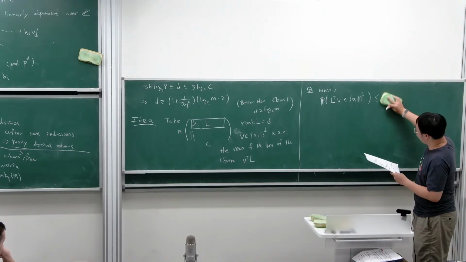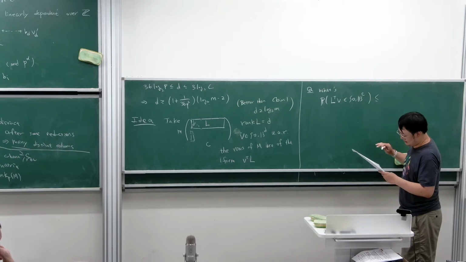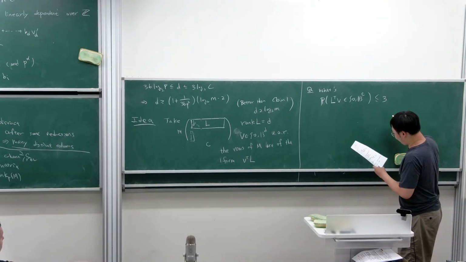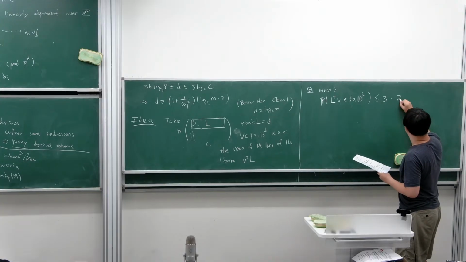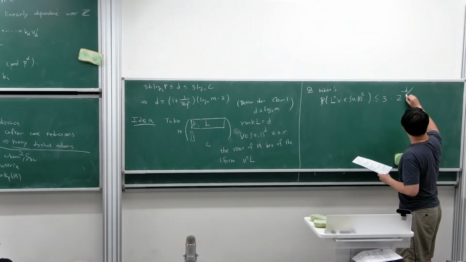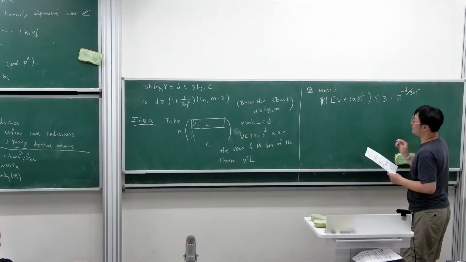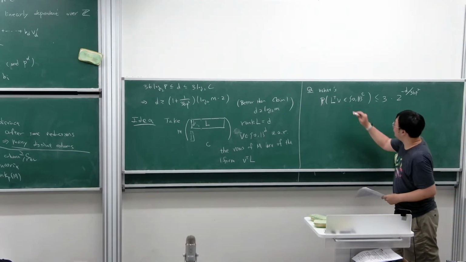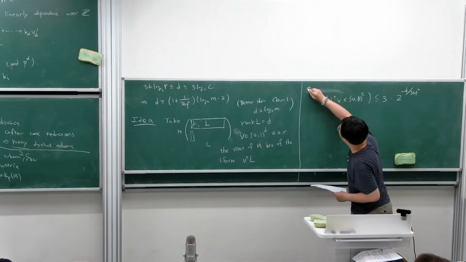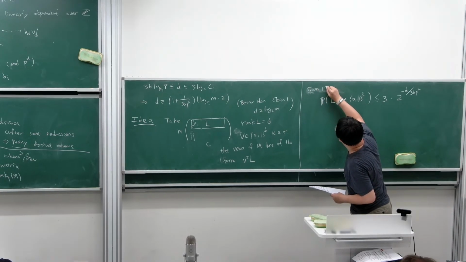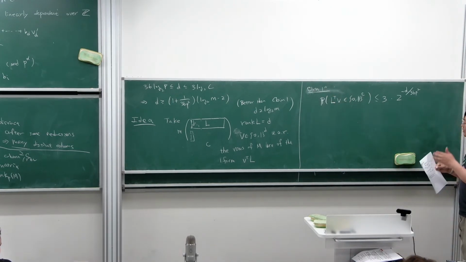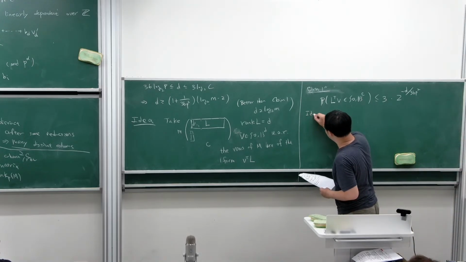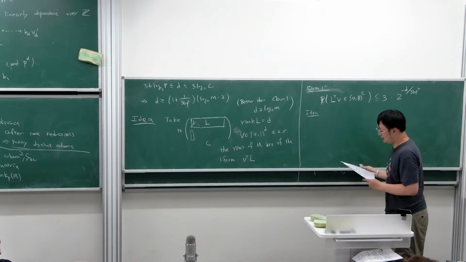Okay, and indeed we can prove the probabilistic form of this, saying that this is upper bounded by 3 times 2 to the negative d over 36p squared. So I guess this is the lemma. And the idea of proving this is indeed to apply Fourier transformation.